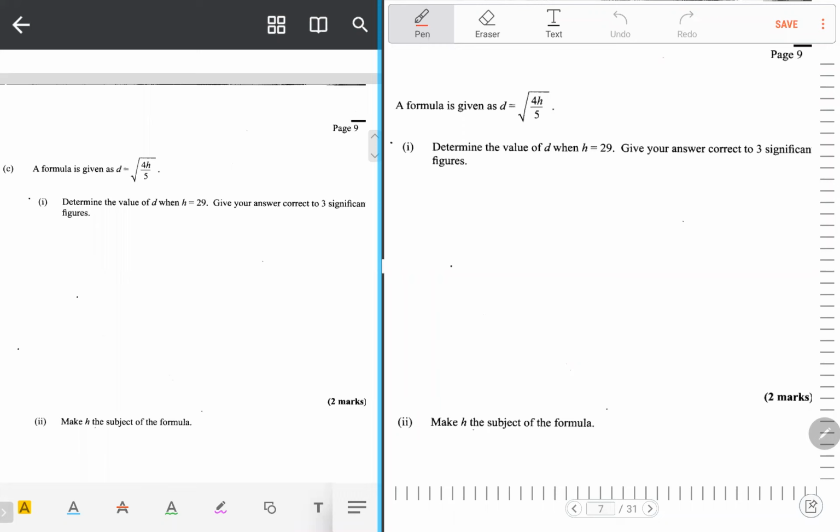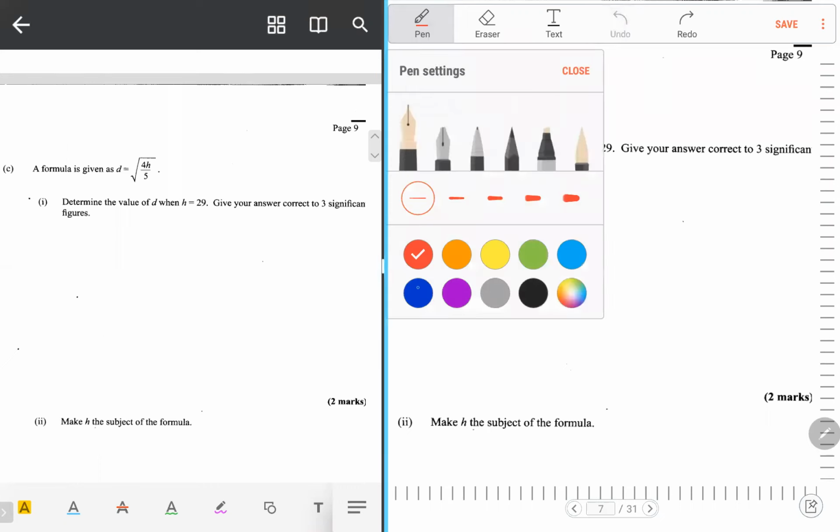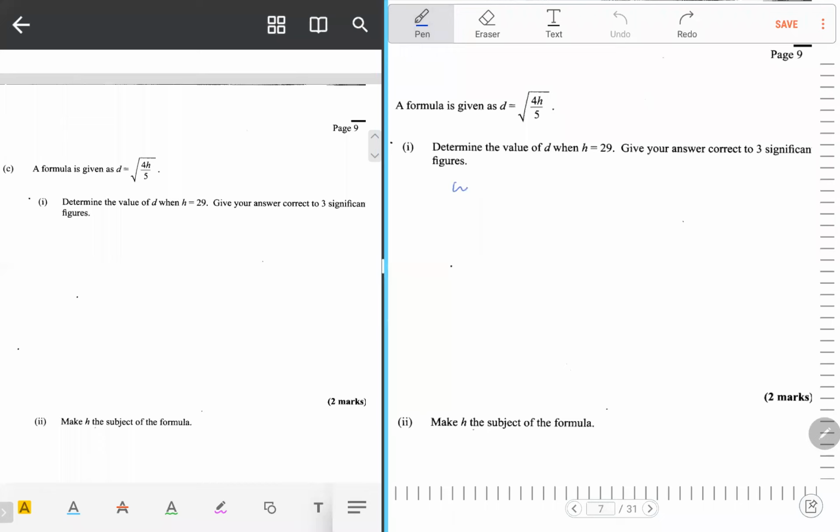So when h equals 29, d will be equal to the square root of 4 times 29 all over 5.